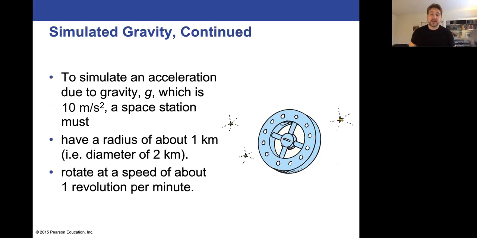Any faster than that, and the fluids in our bodies slosh a little bit, and we can feel that we're in rotational motion. We get a little bit seasick, a little bit motion sick. That's why we need the radius to be so large, so that we can have a fairly slow rotational speed.